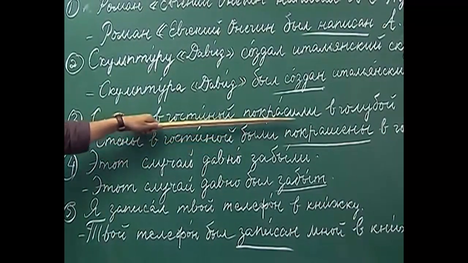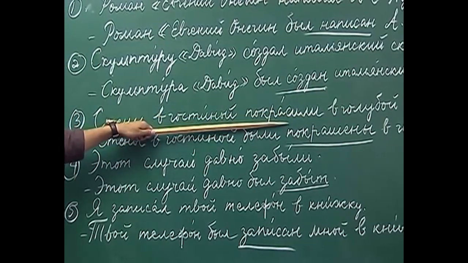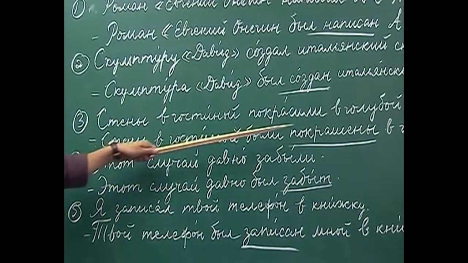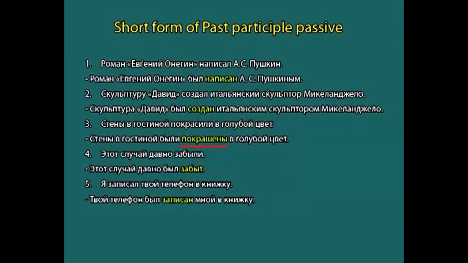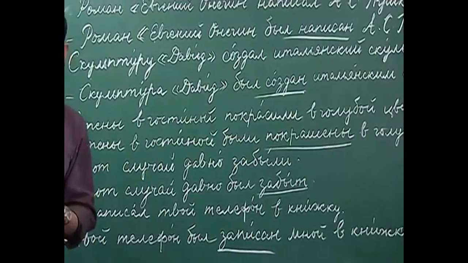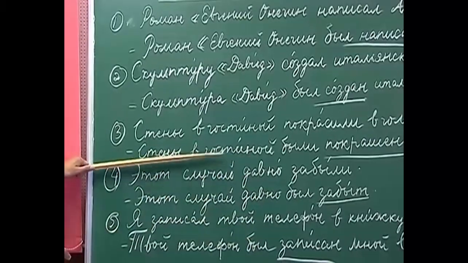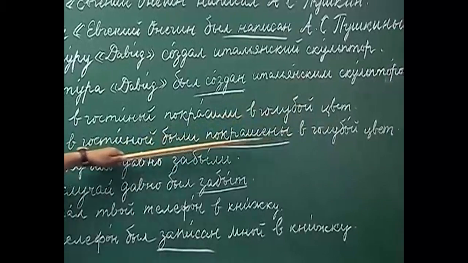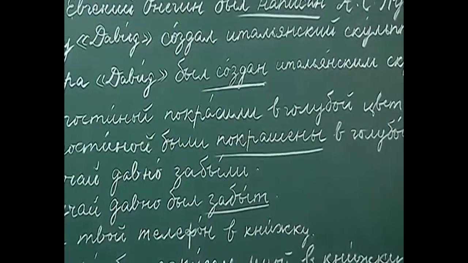By using the short form of the past participle passive formed from the verb pakrasit. What past participle passive do we form from this verb? Pakrashinni. And from pakrashinni the short form is pakrashin, pakrashina, pakrashina and pakrashini. Stienif gastinai buli pakrashinni galuboi tsvit. Here again we are using the short form of the past participle passive.